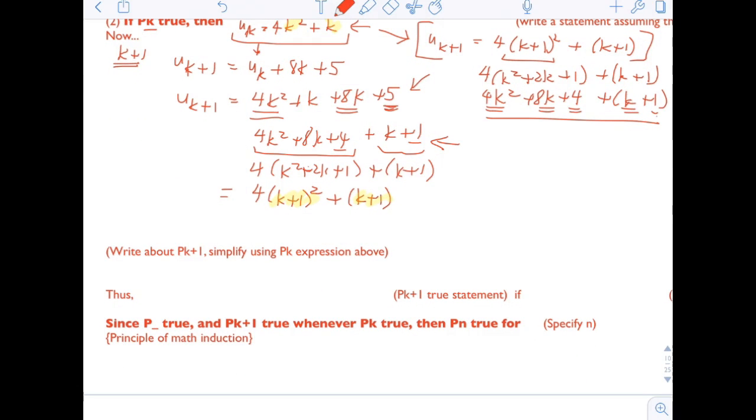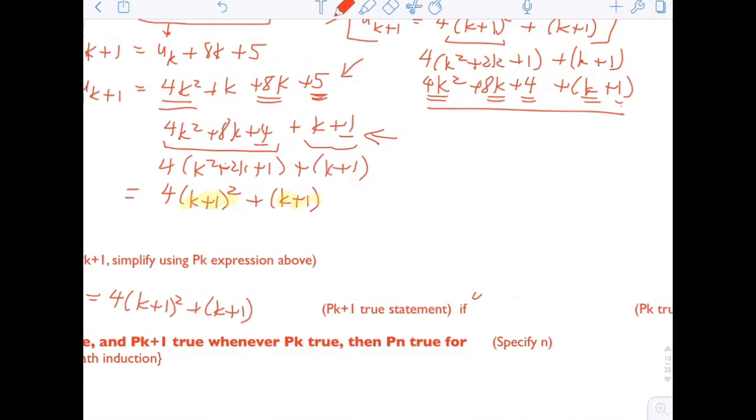Okay, so here we can write something like, I know that u subscript k plus 1 is equal to 4 times k plus 1 squared plus k plus 1 if u subscript k is equal to 4k squared plus k.